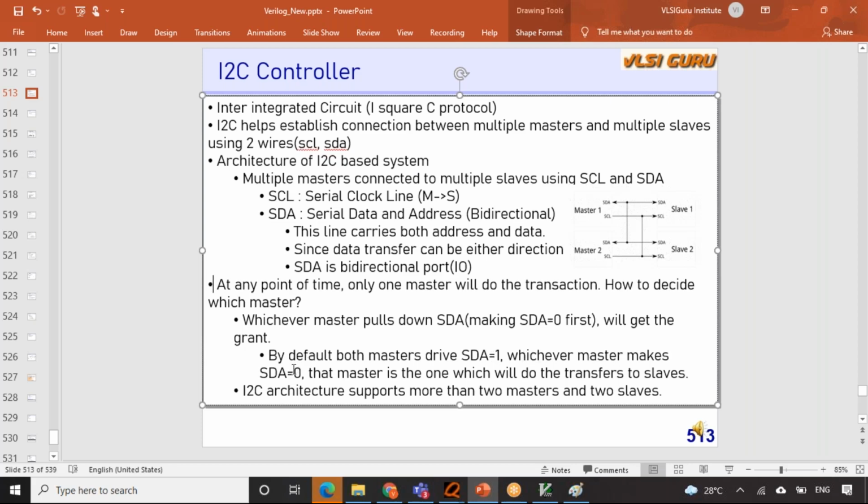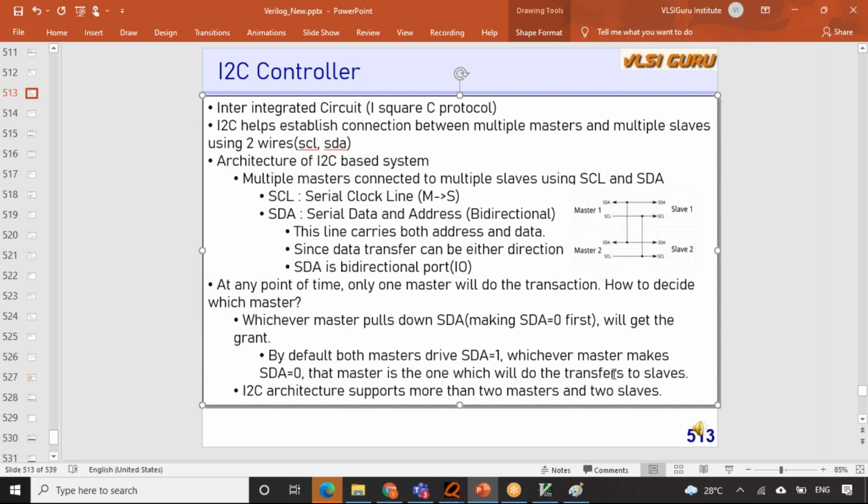Whichever master makes SDA equal to 0, that master is the one which will do the transfers to the slaves.